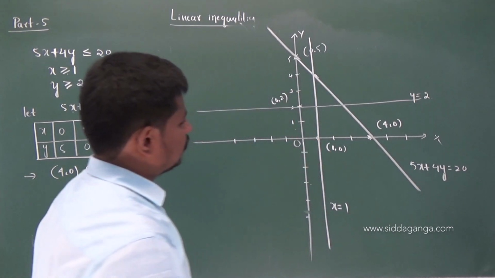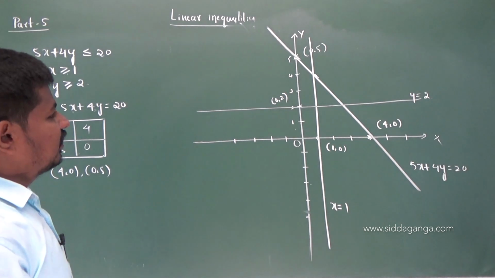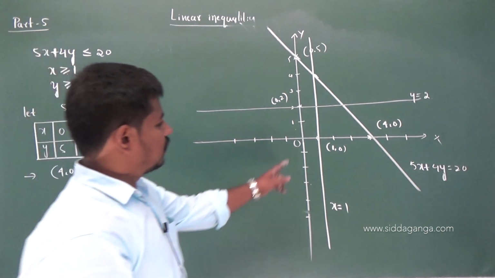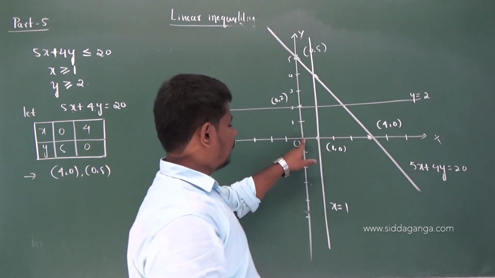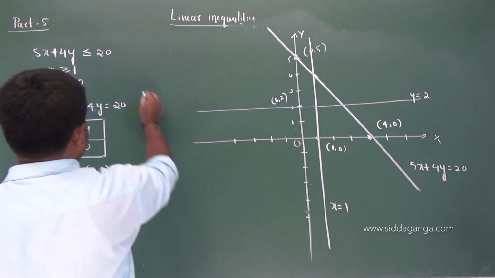So now let's find the solution region. For the first inequality, let us take 0 comma 0. For this line 5x plus 4y is equal to 20, I am taking 0 comma 0 from the lower half plane.